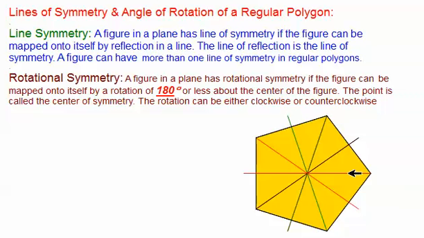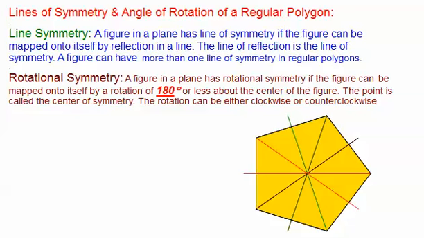Like this line, it is one. Then from this vertex to the opposite side, that is 2. From here to the opposite side 3, this is 4, and this one is 5. So if I have 5 sides, then there are 5 lines of symmetry.